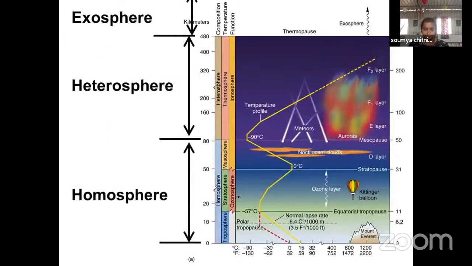Here you can see the lower part is the homosphere and this is the heterosphere. Here you can see the troposphere, strato, and then meso, thermo. Up to the mesosphere we have the homosphere, and the upper part of the mesosphere we include under the heterosphere, because the composition of the atmosphere is not the same. And above that we have the exosphere. We shall discuss this in the subsequent slides.